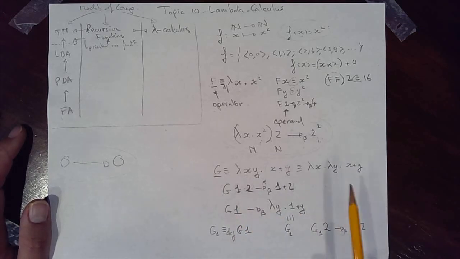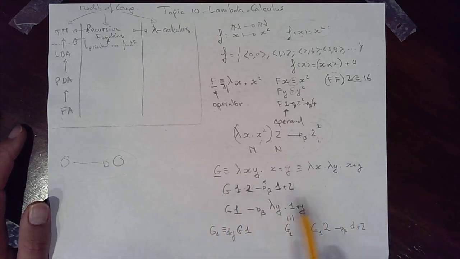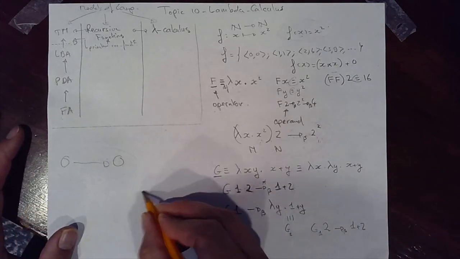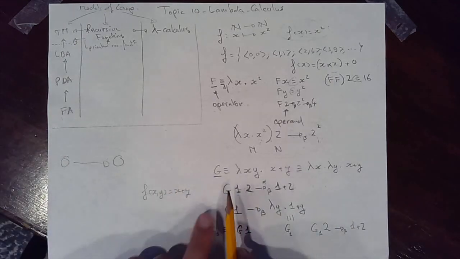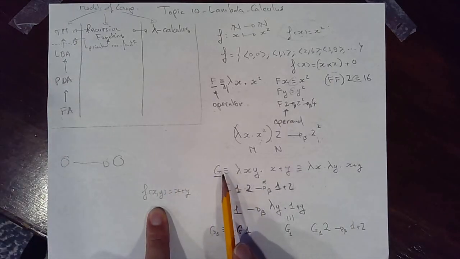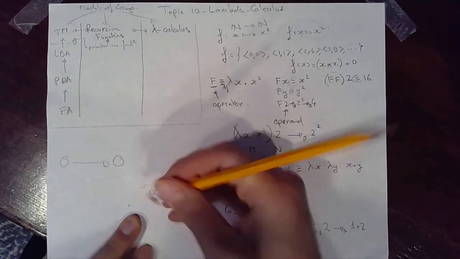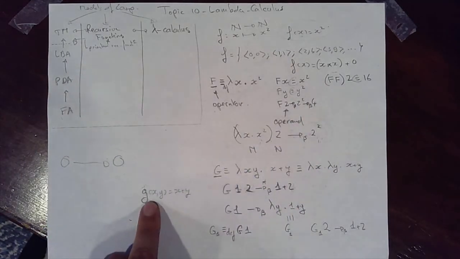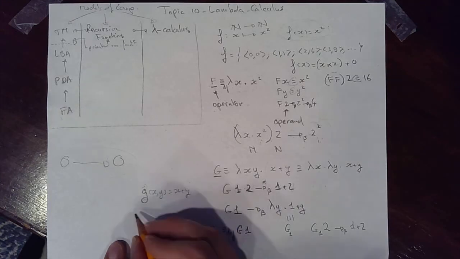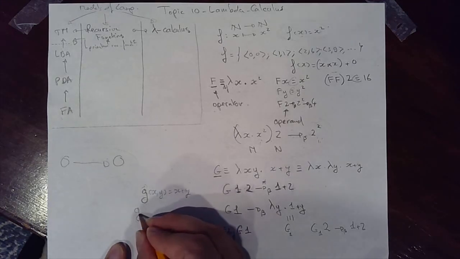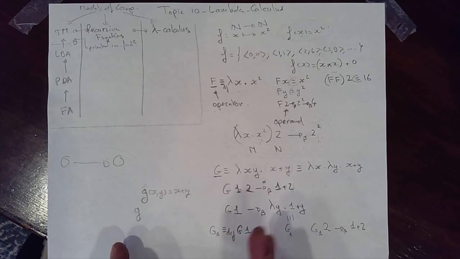Currification consists in taking a function with several arguments, like the addition function, right? F of x, y equals x plus y, for instance, which is basically the g here, right? So let's call it g, to be more consistent. And the lambda calculus allows us to operate a currification, which is I'm going to take always only one argument at a time.